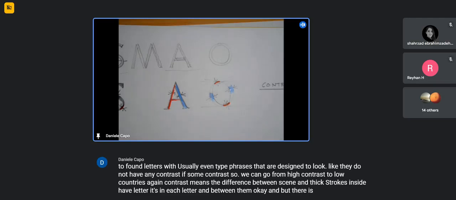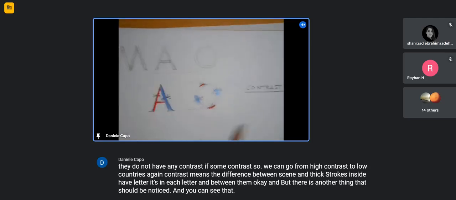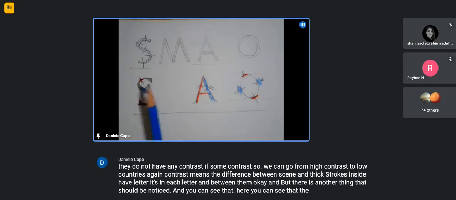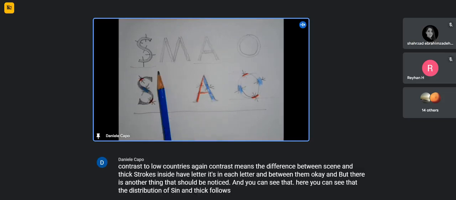But there is another thing that should be noticed. Here you can see that the distribution of thin and thick follows some pattern. Okay, it is not arbitrary.